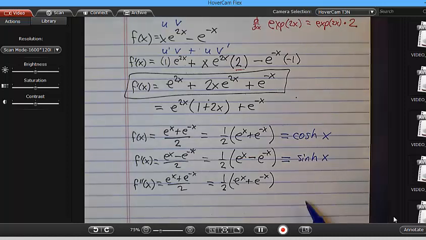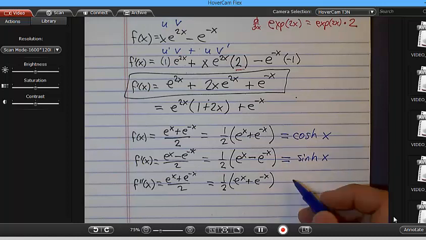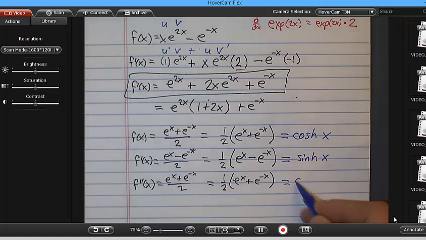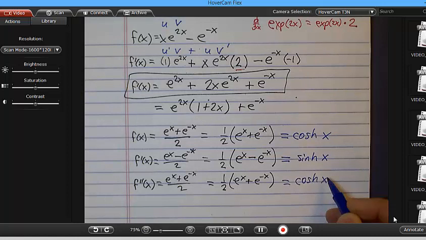So let me ask you guys, what's the derivative of the hyperbolic sine of x? It's the hyperbolic cosine of x. What's the derivative of the regular sine of x? Regular cosine of x. So that's kind of nice. And actually, the hyperbolic functions are even nicer, because the derivative of regular cosine is negative sine, right?